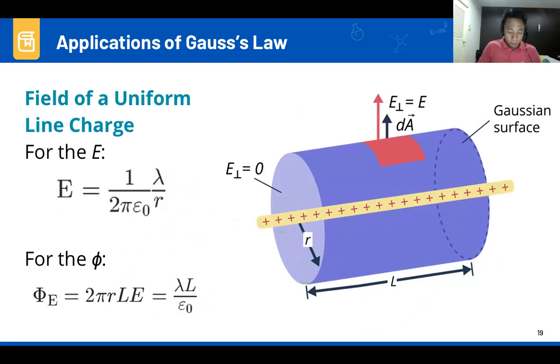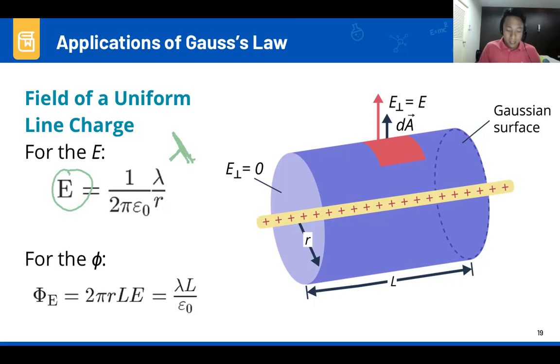Dito naman, we will change into just like this. We have two formulas that we need to memorize. The first one is the electric field. Electric field is equivalent to lambda, what we call linear charge density. Correct?